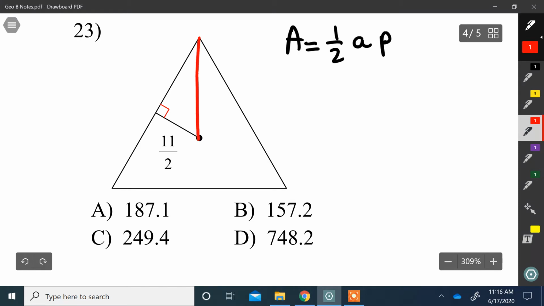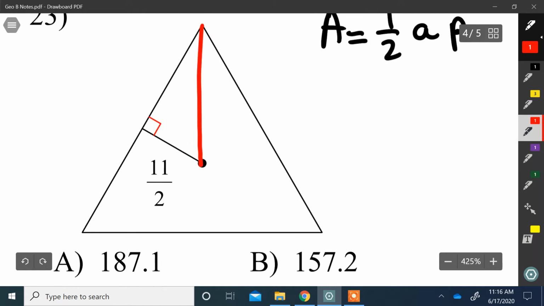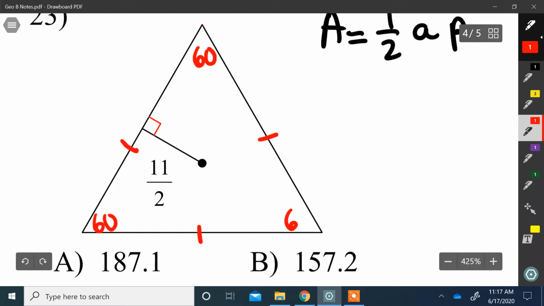If I break this apart, since all the sides here are congruent, then 180, because that's the number of degrees in the angles that we have, 180 divided by 3, means that each one of those should be 60.